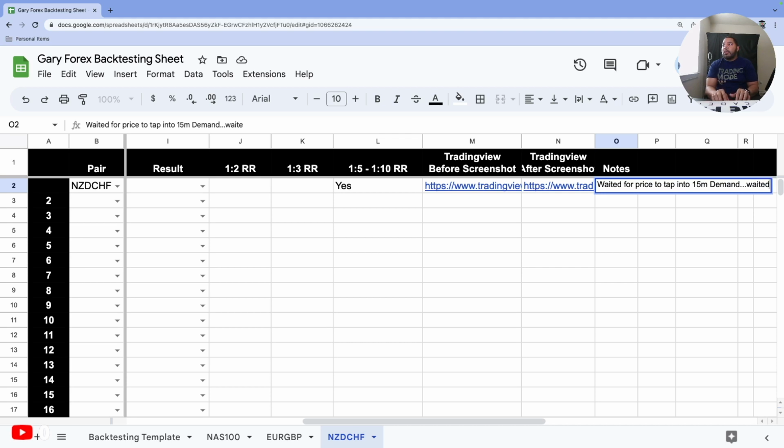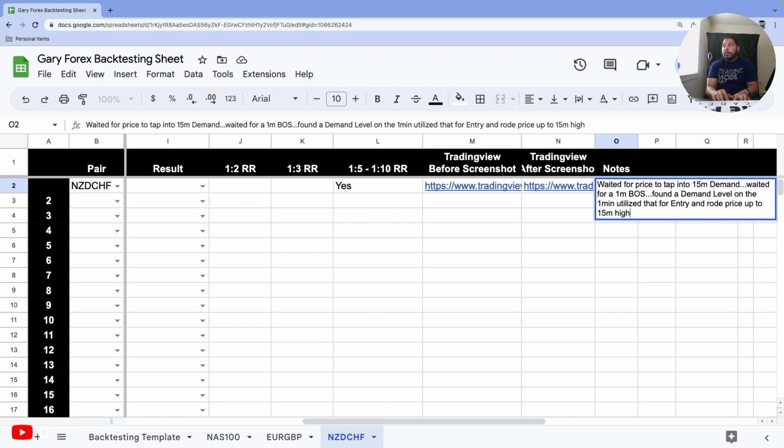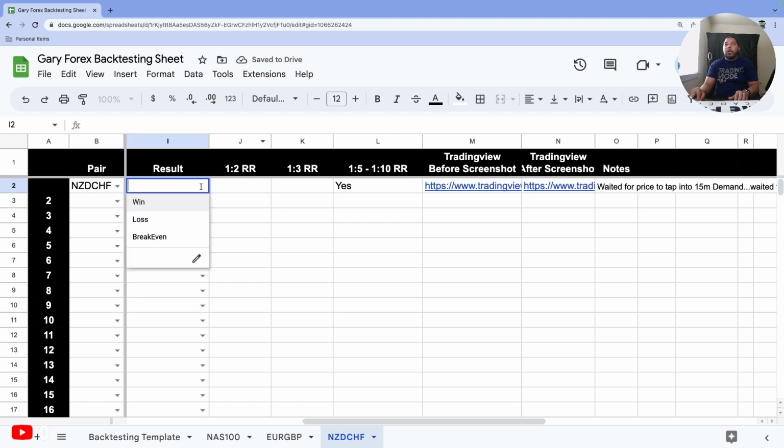Waited for a 1 minute BOS, found a demand level on the 1 minute, utilized that. Entry, and rode price up to 15-minute high. Okay, so results, that was a win.